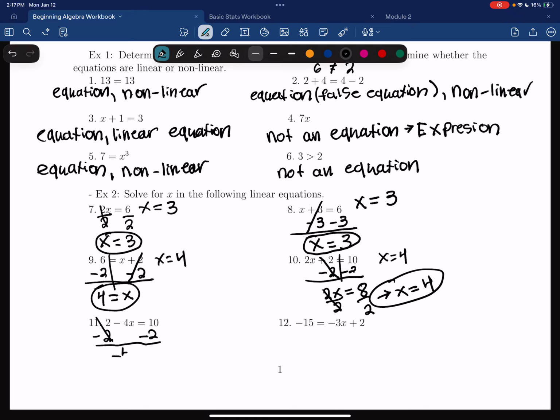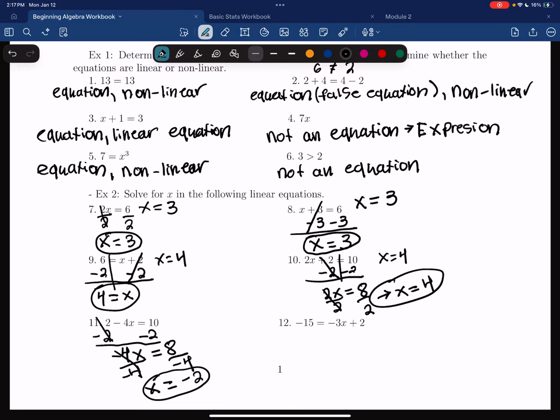You're going to get negative 4x equals 10 minus 2 is 8. And then now, this negative 4 is being multiplied by x. So to undo this negative 4, to get x on its own, I'm going to divide by negative 4. So we get x equals 8 divided by negative 4 is negative 2. And that's your final answer.